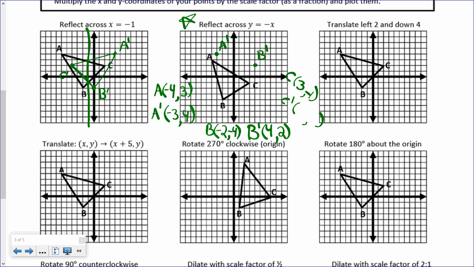Who thinks they know what C prime would be? Show of hands. A bunch of people think they know. What do you think? 1, -3. Yep. Switch positions and change your signs. So 1, -3 is right here. It's going to reflect the triangle.